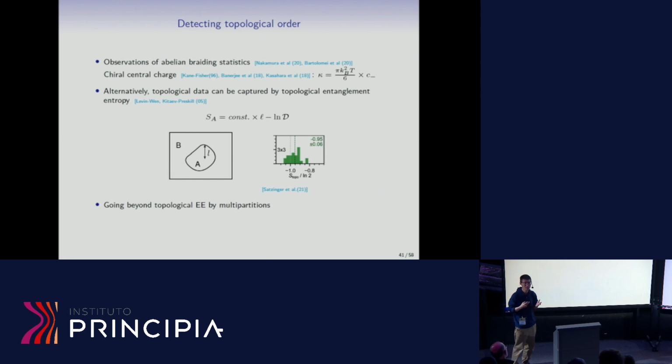So we need a finer probe to distinguish different types of topological order. I'm going to use multipartite entanglement as an attempt to go beyond the bipartition topological entanglement entropy. So that is the motivation.